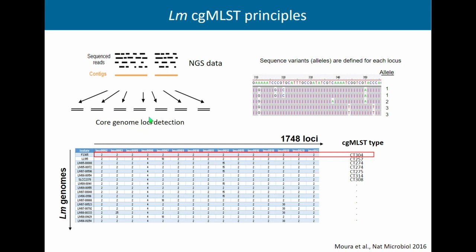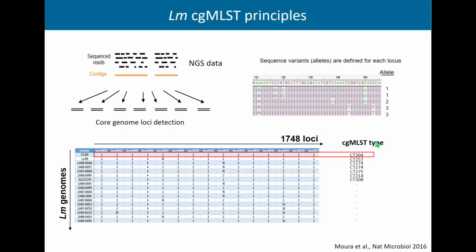You will detect loci which are part of the core genome, and here you will be doing an allelic attribution so that each sequence variant will define an allele. And you have now a number of 1748 loci that will define the cgMLST type.